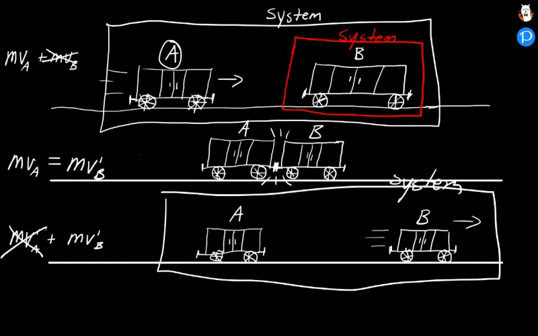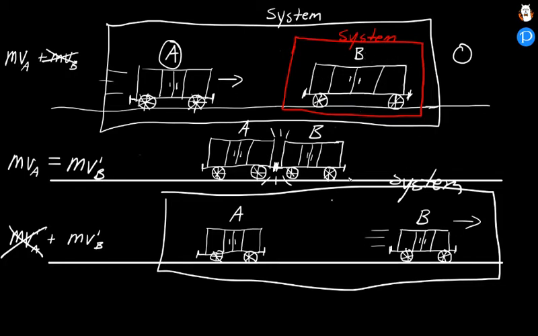It's nothing, because car B is not moving, so my momentum is 0. Whereas before, if I had my system as car A and car B, I had momentum in the system. It was all in car A. So if I make car B the system, it would have no momentum at the beginning, and at the end, it would have some momentum. So some external force is acting on the system in that case.